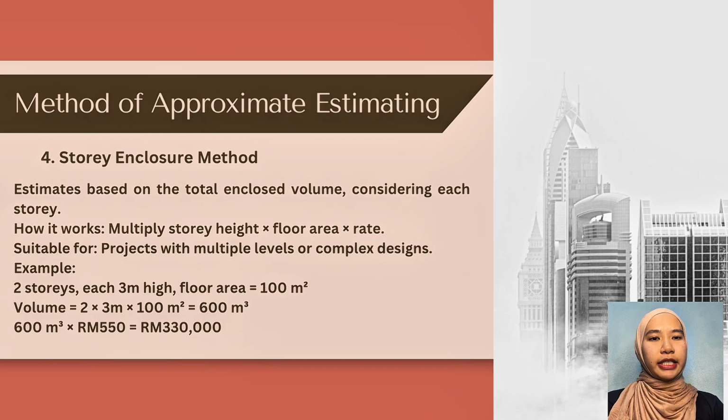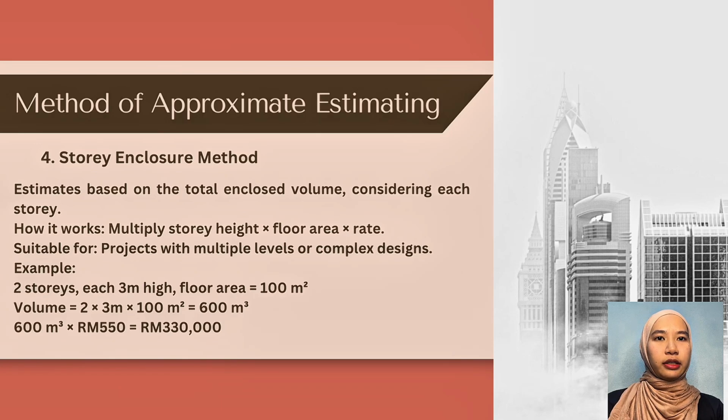For the last method of approximate estimating, we have the story enclosure method. This method estimates based on the total enclosed volume considering each story. It is suitable for projects with multiple levels or complex design. It works by multiplying story height times floor area times rate. For example, we have 2 stories multiplied by 3 meters high for each story and multiplied by a floor area of 100 square meters.